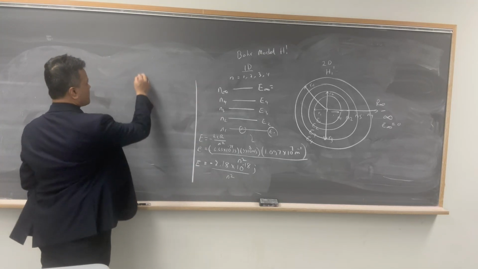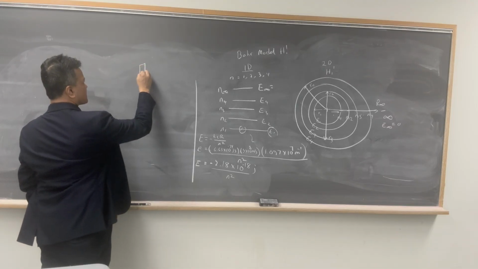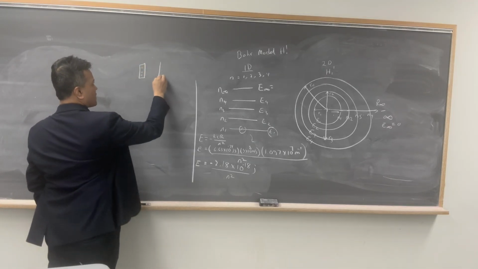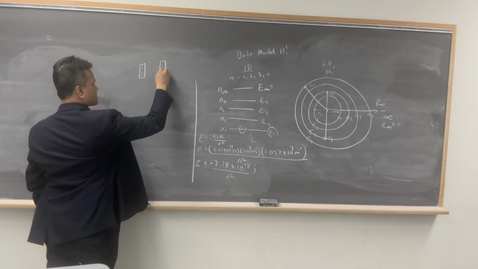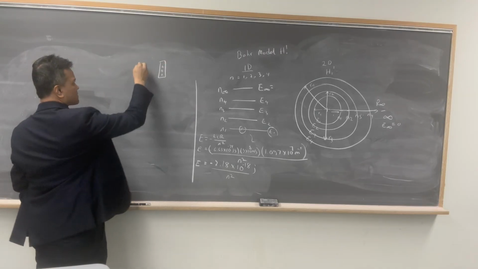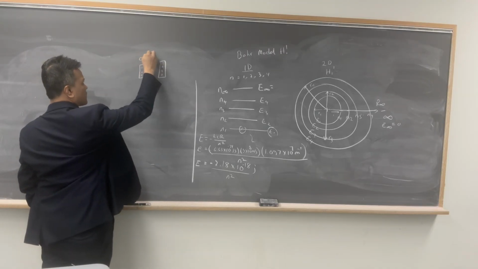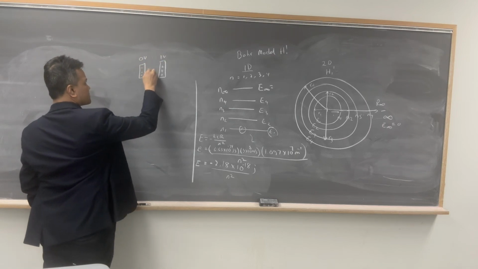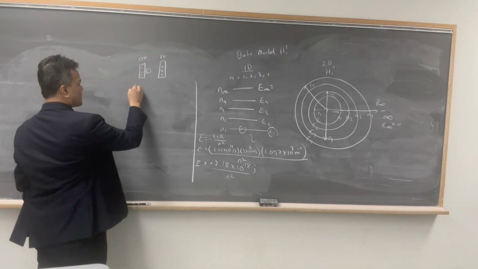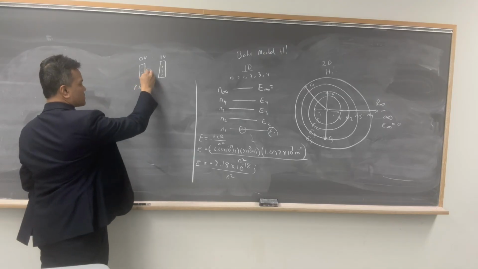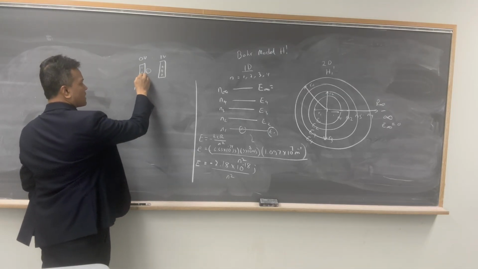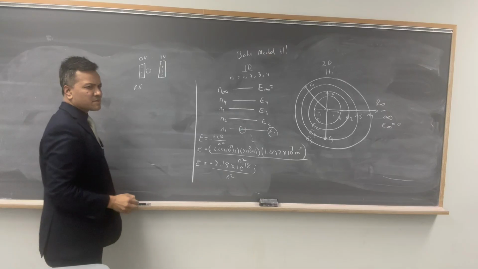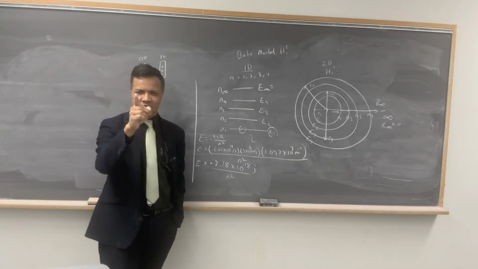Now, if you have a negative plate and a positive plate, and the potential difference between the two is 0 volt and 1 volt, and you have a negative charge here, the kinetic energy required for the negative charge to move from the negative terminal to the positive terminal is, by definition, what we call an electron volt.